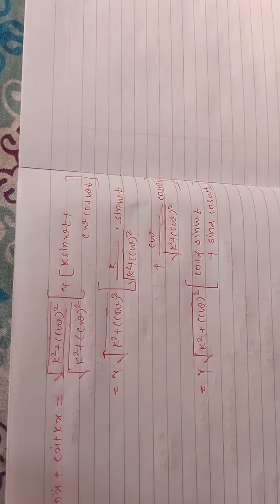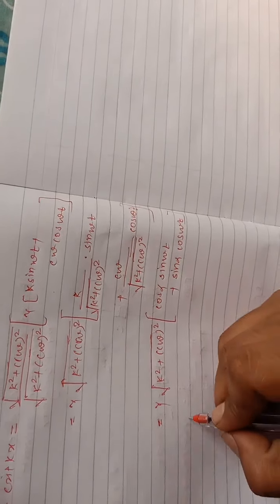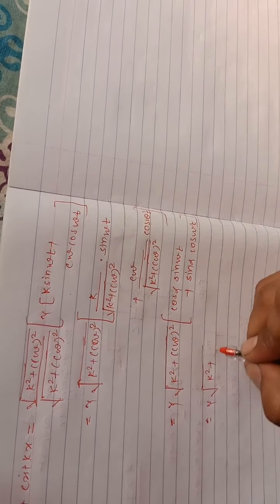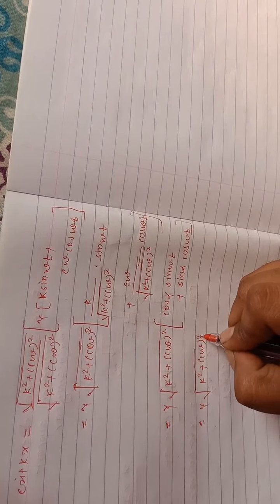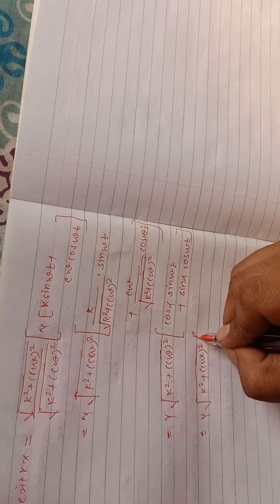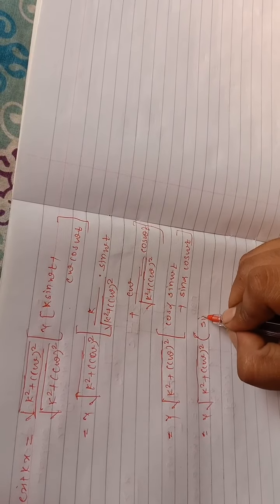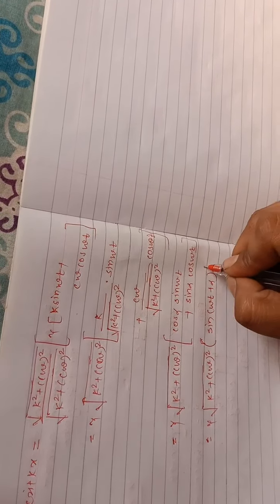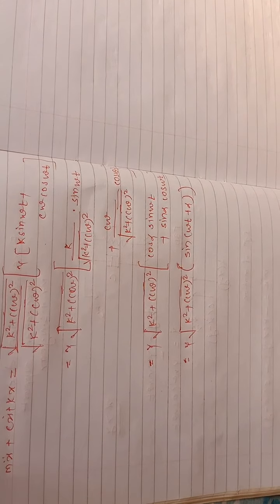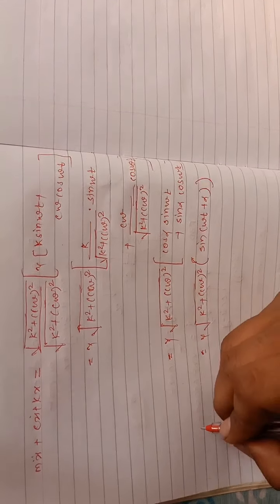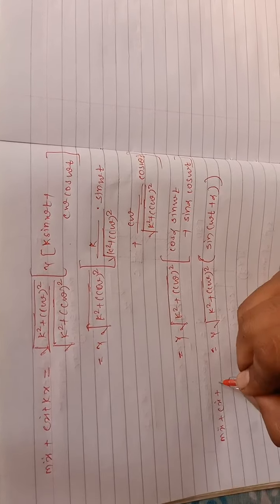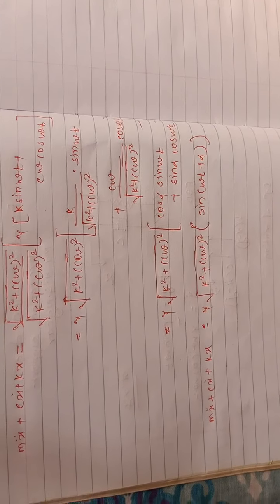And this relation we can write as Y square root of k square plus (c omega) square into bracket sin of omega t plus alpha. So that will be the expression for m x double dot plus c x dot plus k x.